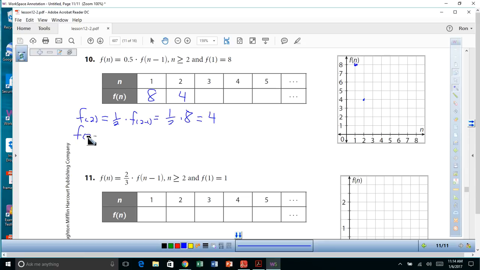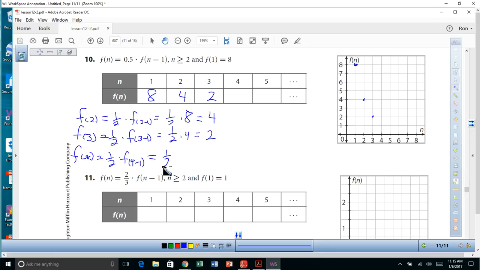F of 3 is going to be 1/2 times f of 3 minus 1, which is 2, right? And f of 2 is 4, so we're going to have 1/2 times 4, which is 2. So 3 is 2. All right. F of 4 is 1/2 times f of 4 minus 1, which is 3.